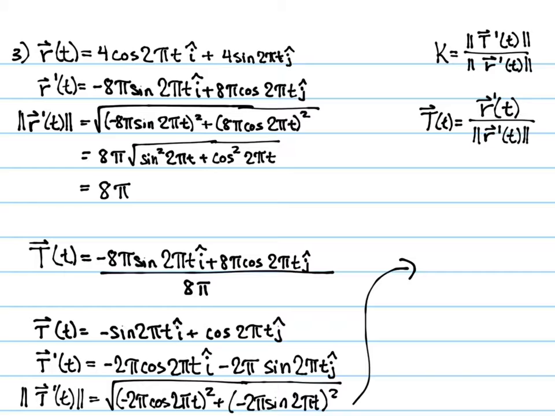And what's going to happen? It's going to be 2 pi, right? So just like the process that it simplified on the last one, if you would like to show it, feel free to. But it's just the same. This is equal to 2 pi.